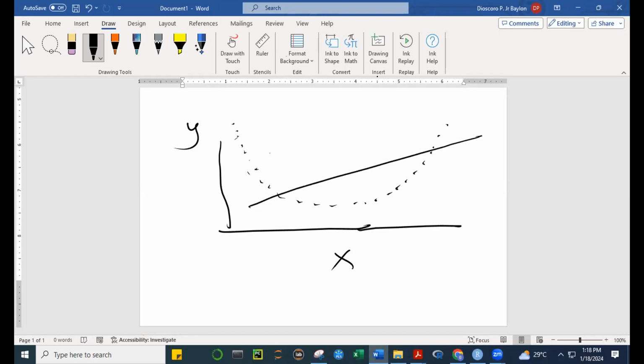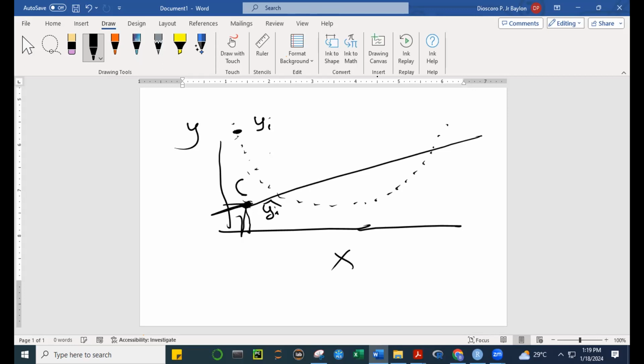Okay, so this will generate lots and lots of residuals. Kunyari, here, this is your actual point, this is your Y sub I, and on this line, this is your X. So this is your predicted value, let's call this Y sub I hat.